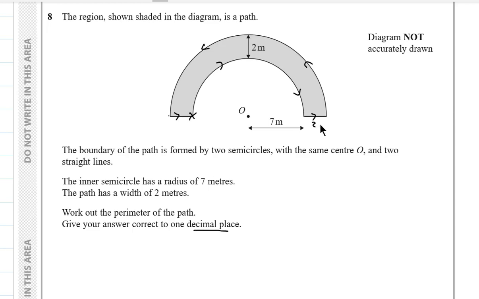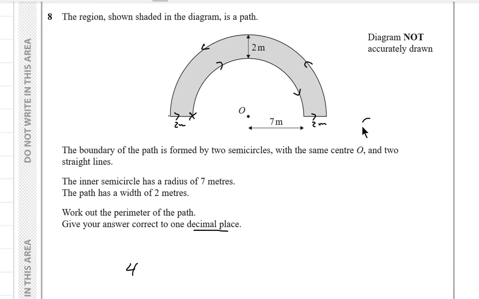So I will add here 2 meters, sorry, and here also 2 meters to be 4, right? We have 4 meters by adding 2 plus 2, and then the circumference of the length of the semicircular arc, the smaller one, and also plus the larger one.